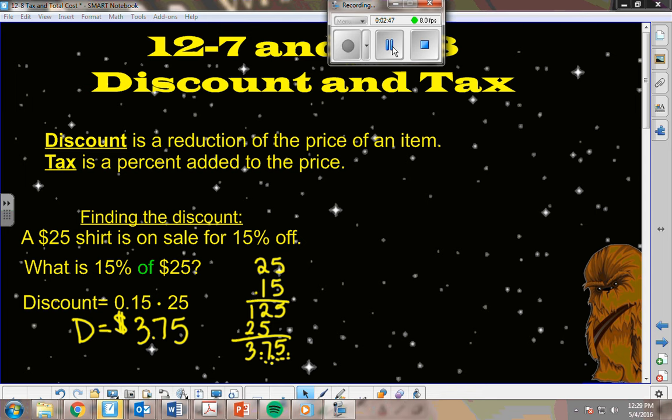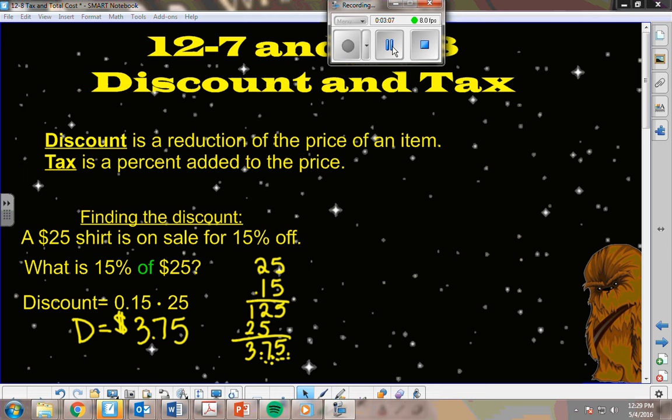So we can see that our discount is equal to $3.75. Now, common sense tells us that we're not going to pay $3.75 for this $25 shirt when it's only 15% off. But we have now found the discount of that shirt, so what we get to take off. This is not the final price. We'll talk about that in a minute.